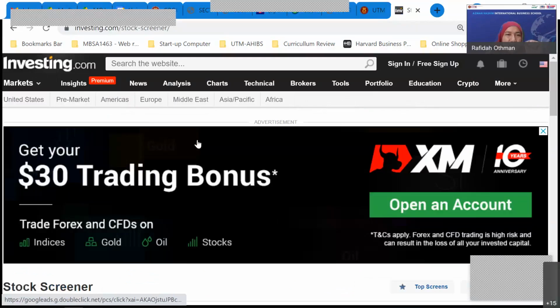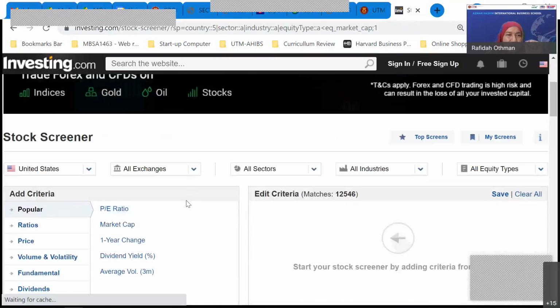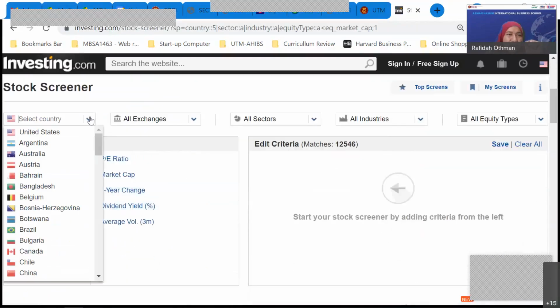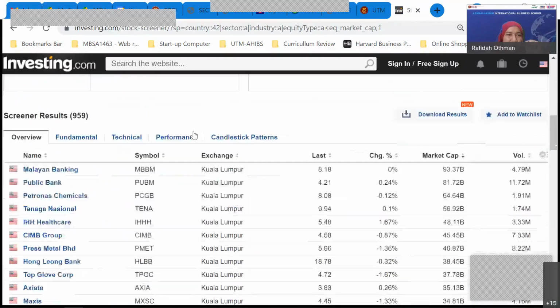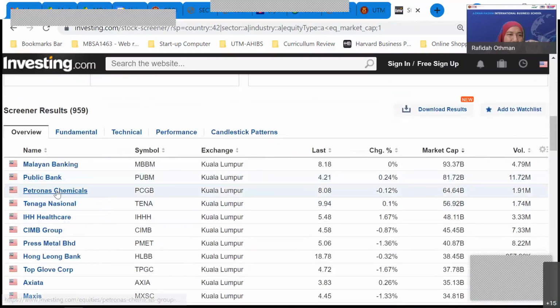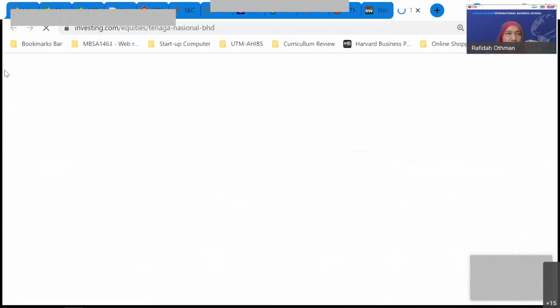So let's look at the stocks now. We look at Malaysia. Okay, let's have a look at one here: Tenaga Nasional.